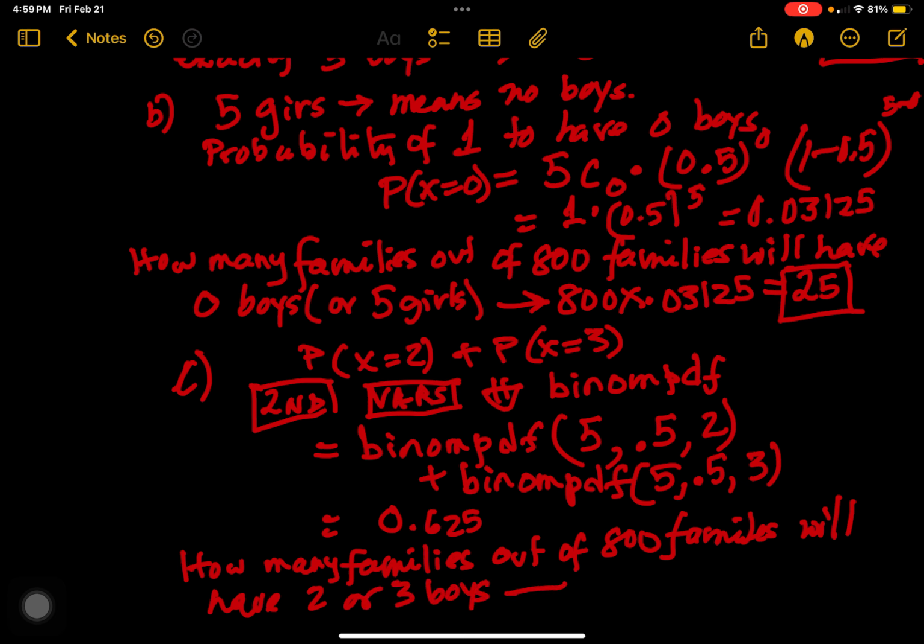And that will be 800 families multiplied by the probability of one family to have either 2 or 3 boys. 800 times 0.625, and that will be equal to 500. So this is the answer for part C.